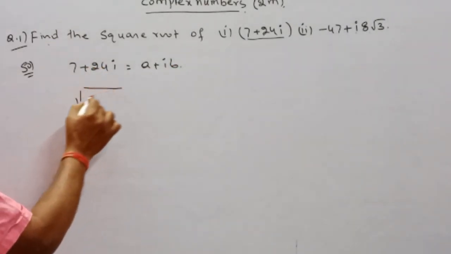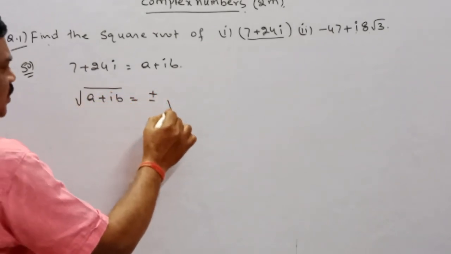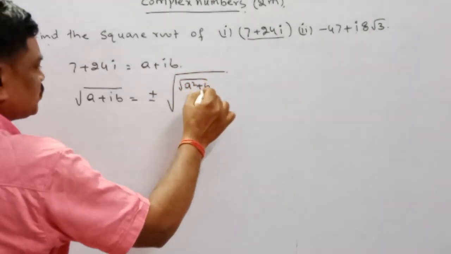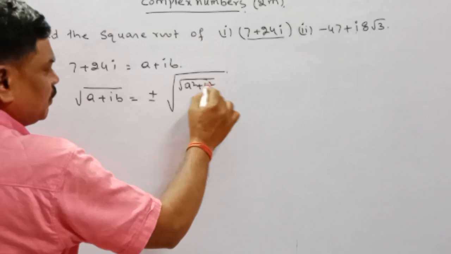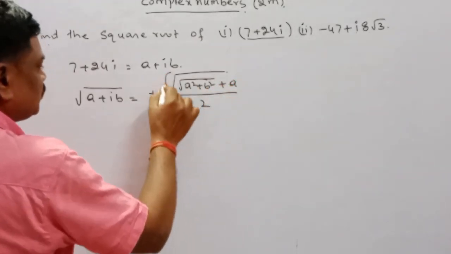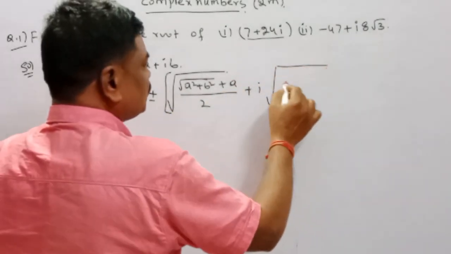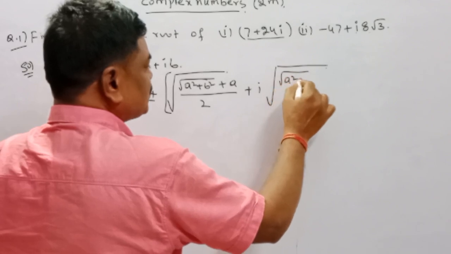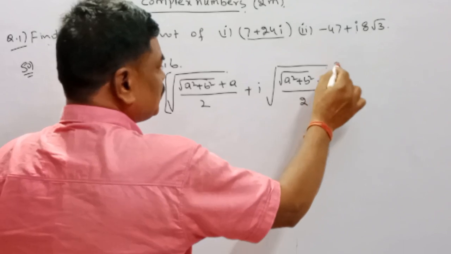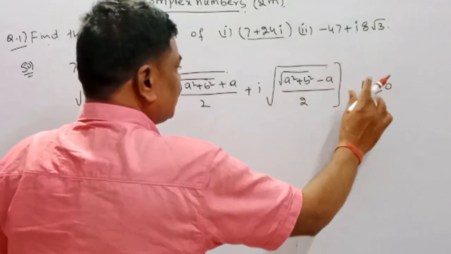The square root of a plus ib is equal to plus or minus, square root of (root of a square plus b square, plus a) by 2, plus i into square root of (root of a square plus b square, minus a) by 2. This formula is for b greater than or equal to 0.